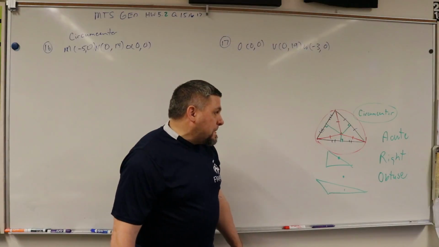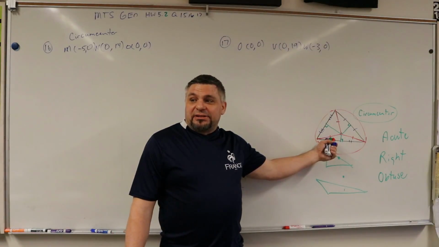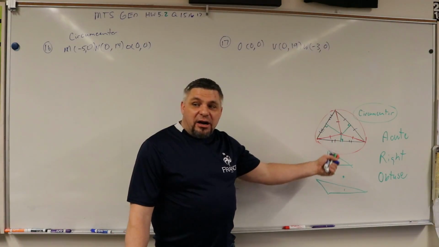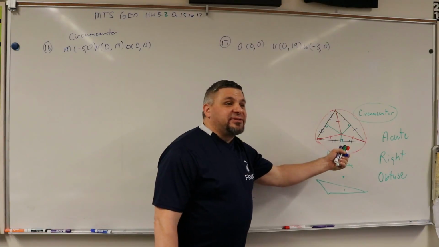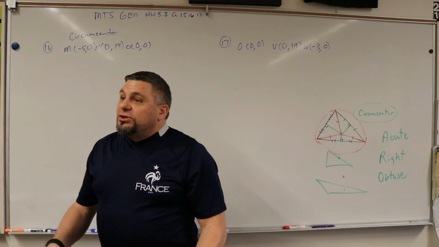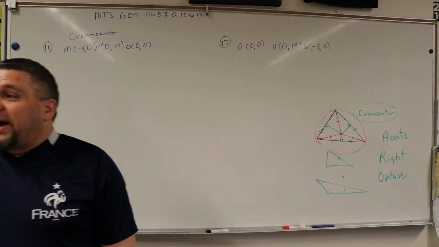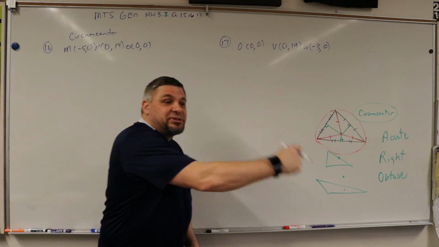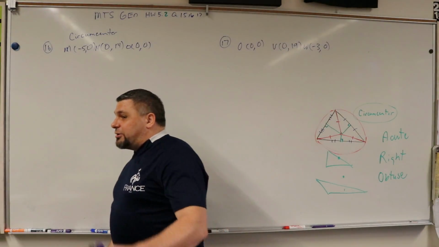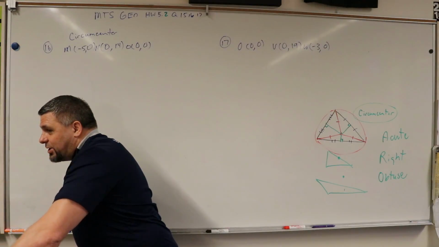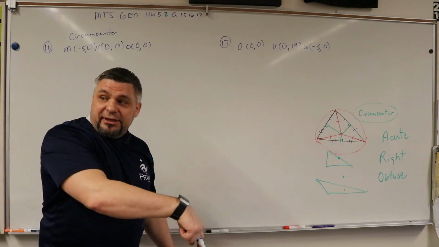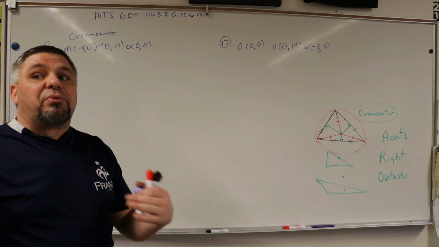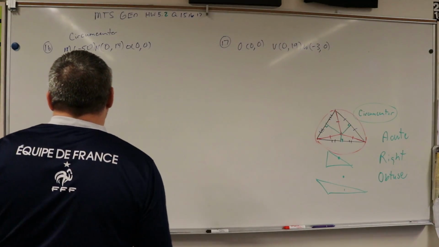Now, these are not angle bisectors. They are perpendicular bisectors of the segment. So whenever you hear perpendicular bisector, you should think circumcenter. Whenever you hear angle bisector, you should think incenter. Okay? So you might want to write that down in your cheat sheet.